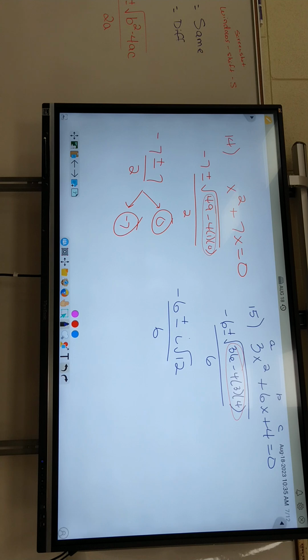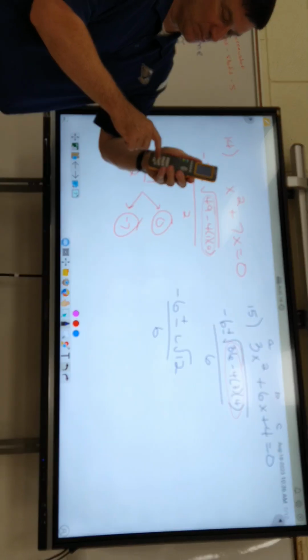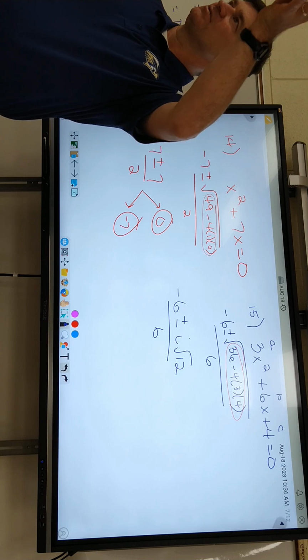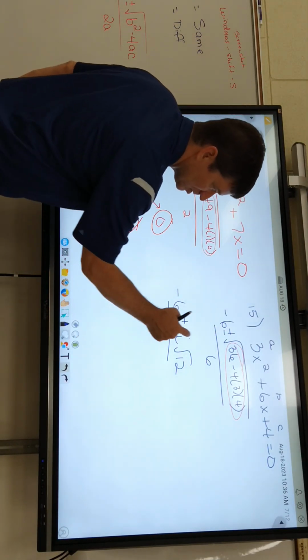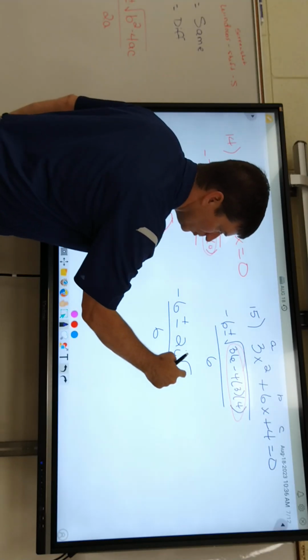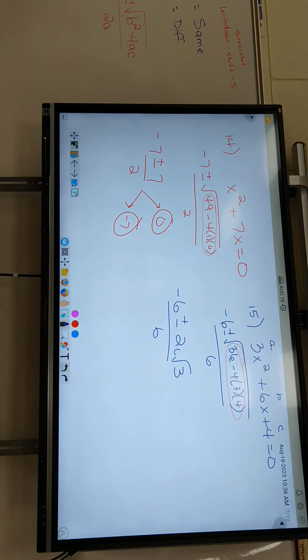Now hit enter twice. When it asks for x equals, it's asking for your number. Type in 12 and hit equals. What does it give you? 2 root 3, so that's going to be 2i root 3 because you're going to erase the 12. 2i root 3 is what you put in that spot. We went over that yesterday.